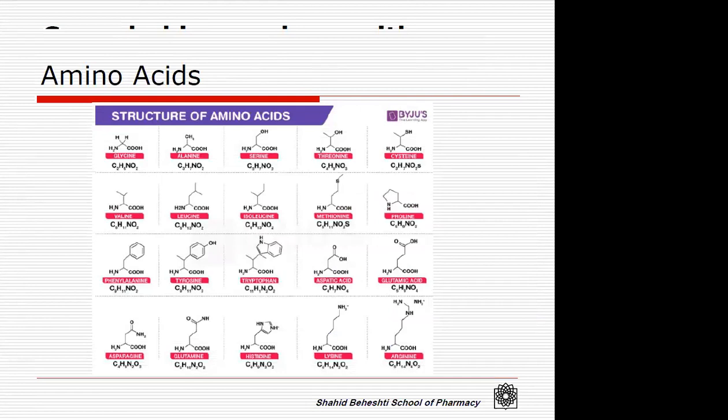Each amino acid has its own route of metabolism, and many enzymes are involved. If we have a defect, or we don't have the enzyme for the metabolism of an amino acid, then the amino acid accumulates, and we will have a problem. Next slide.